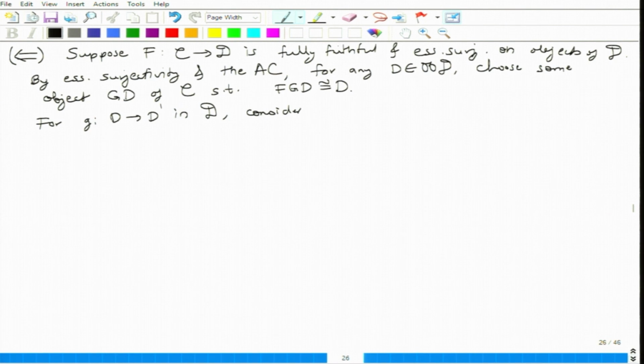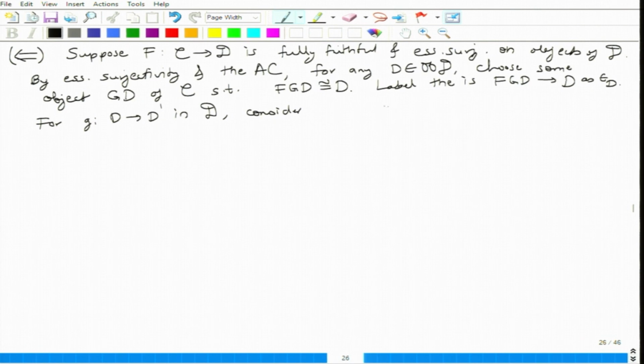We should label the isomorphism itself as epsilon sub D. This will help us. So now that we have this diagram, we are going to use the same technique as in the proof of the converse.